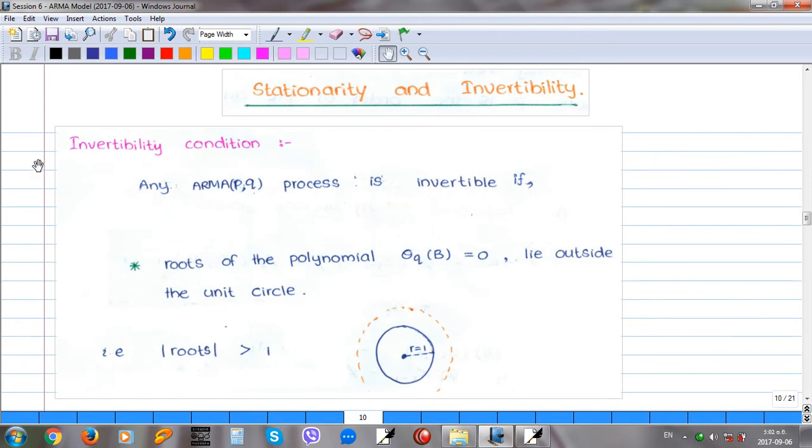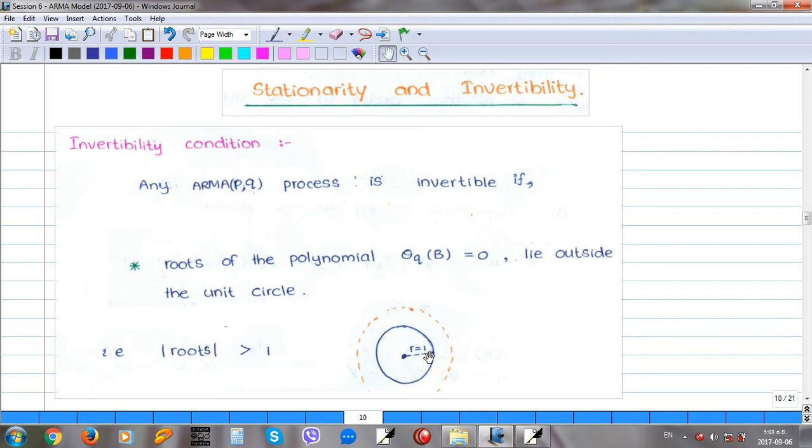Another thing we have to consider is stationarity and invertibility. If we consider an autoregressive moving average model, we have to check the invertibility condition and the stationarity condition. Those things are asked in the questions, right? For the invertibility condition, any ARMA(p,q) process is invertible if the roots of the polynomial theta q(B) equals 0 lie outside the unit circle.